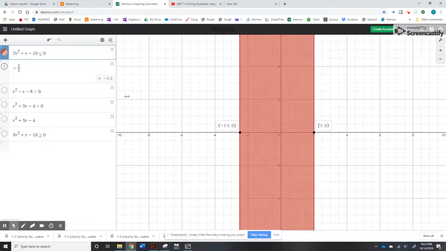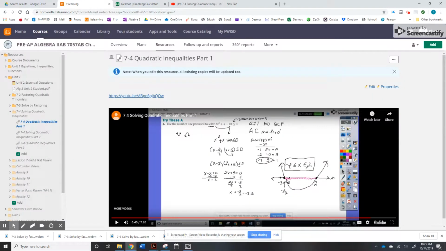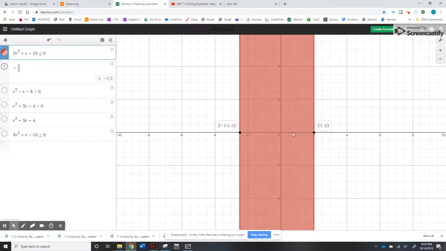The bar underneath it means that these dots should be filled in, and I know that because these lines are solid. So this is showing you the same thing that this is showing you: shade between those two numbers. Negative 2 with a solid dot, positive 2 with a solid dot, negative 5 halves, or negative 2.5 with a solid dot, and shade in between. So Desmos is showing you that.